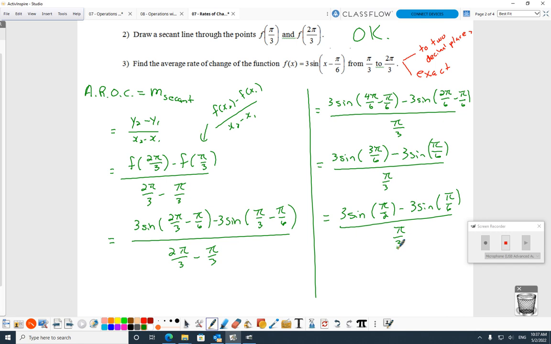You're telling me I can find out what 3 sine pi over 2 is without a calculator, and my answer is, oh yeah. Let me show you 2 things that should have come up in the homework, but might not be perfectly clear yet.